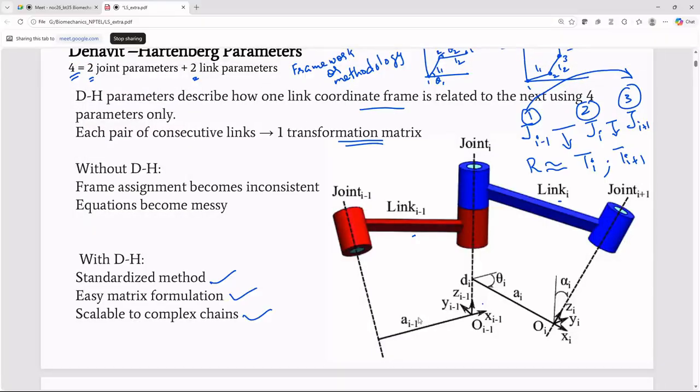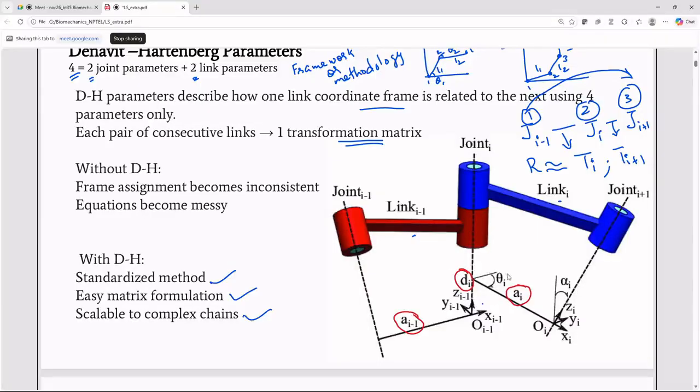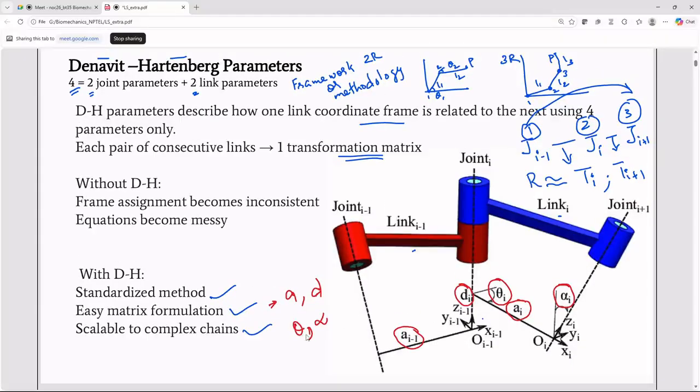You can see here there is a I minus 1 and a1, and here is di, and here is theta I, and there is alpha I. So these are the four parameters, where a and d are the linear lengths or distances, and theta and alpha are the angles. These two, a and d, are the link parameters. Theta and alpha are the joint parameters.